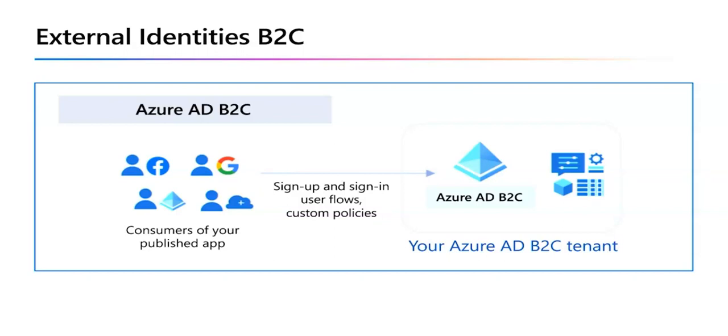And you can completely customize and control how customers sign up, how they sign in, and how they manage their profiles when using your applications. Although Azure AD B2C is built on the same technology as Azure AD, it is a separate service with some feature differences.